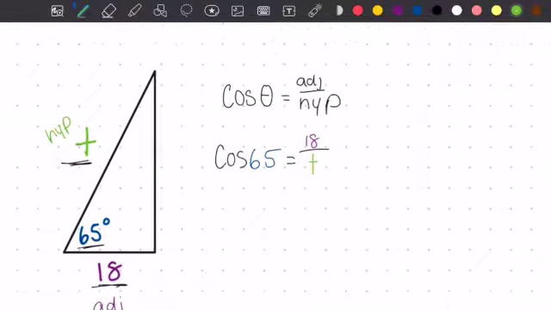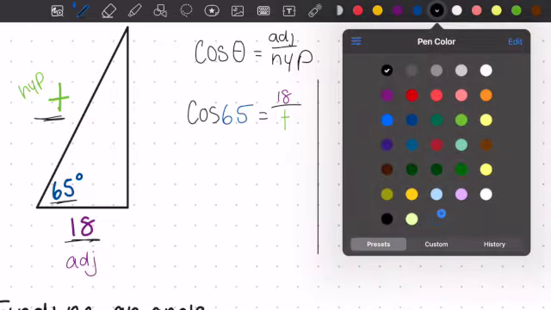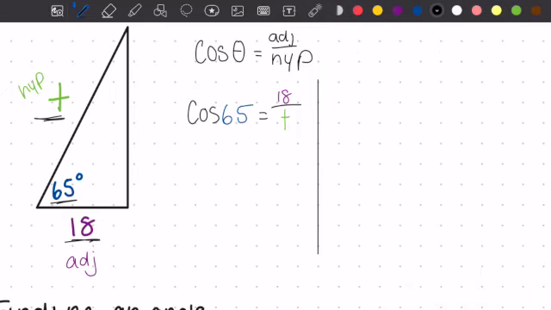This means I've got to do a different step in order to solve using algebra. I'm going to show you how it actually works, and then I'm going to show you the cheater's way to do it. So pay attention to what you need to pay attention to understand this. What I'm going to do is multiply both sides by t to get it out of the denominator because I don't like variables in the denominator.